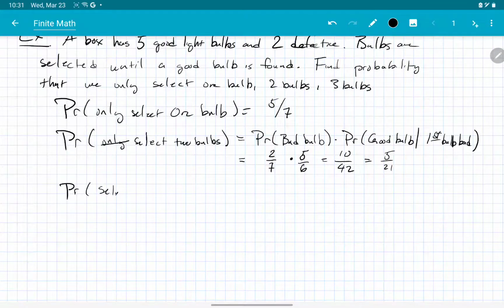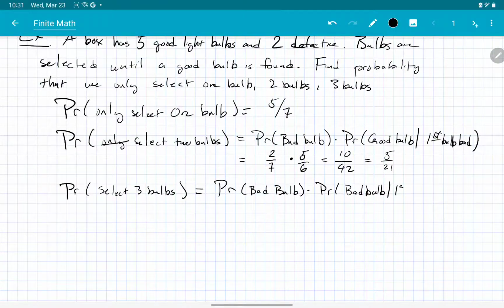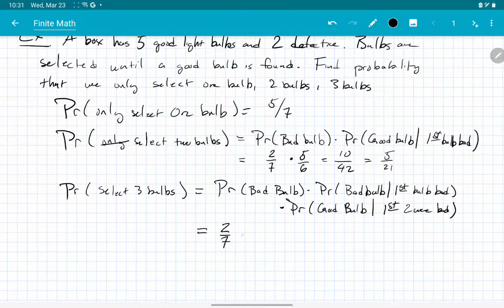Okay. Now we want the probability that we have to select 3 bulbs. So this is going to be the probability of first a bad bulb times the probability of another bad bulb given the first bulb was bad, times, again, the probability of a good bulb given that the first 2. So the probability of a bad bulb, again, is 2 out of 7.